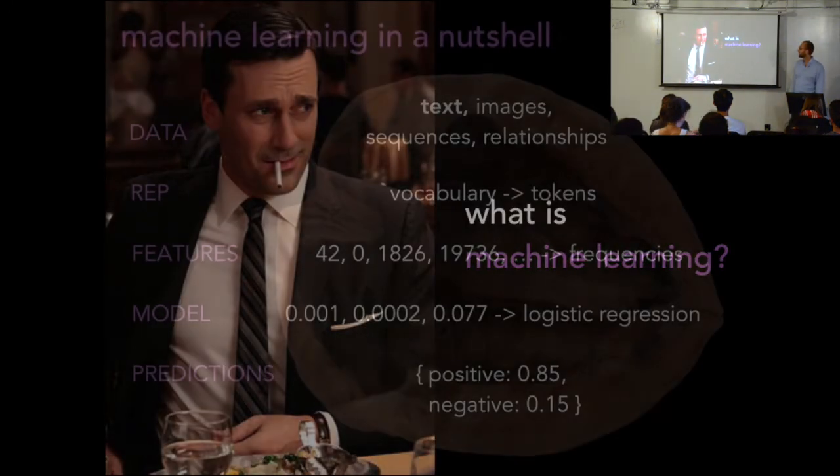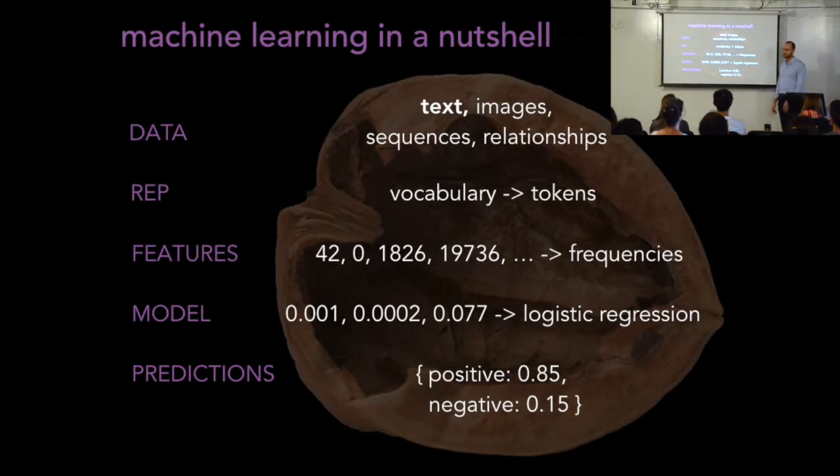Don's going to help us along. Okay, so this is machine learning in a nutshell. If you're a digital marketing person, think about the purple stuff. If you're a machine learning person, this maybe will add some color for you. So we start with a problem. We say, okay, what data do we need to solve our problem? Maybe we're looking at text. We take that data and put it in some kind of representation that the machine can understand. If you're doing text, that's because it's a language, and a language has a vocabulary.